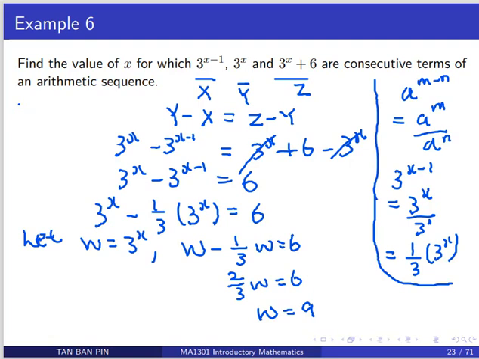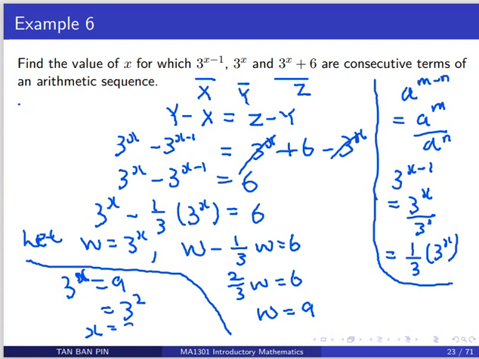And after that you can say 3 power x is 9, because w is 3 power x, and 9 is 3 squared. So you can compare the power and say x is 2. And that's the final answer.